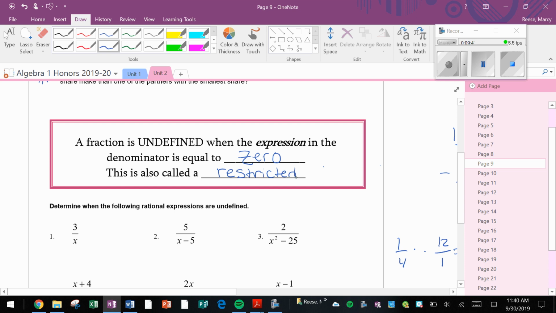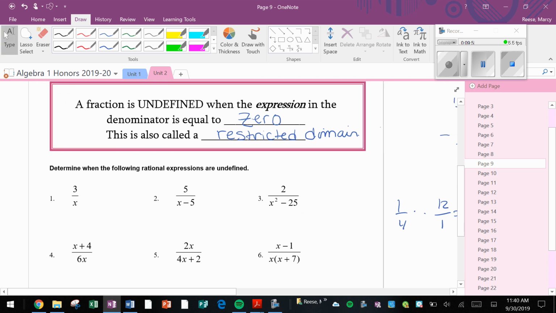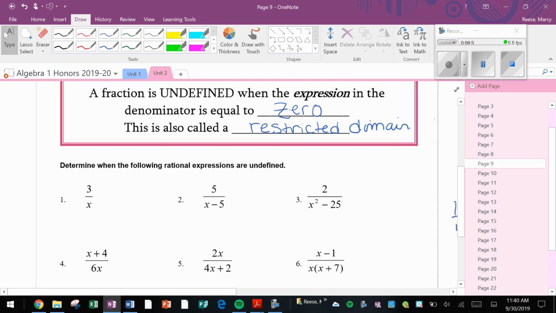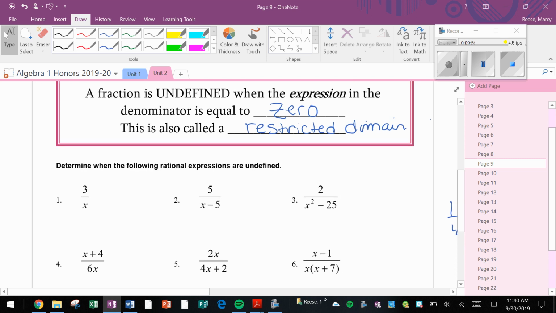And I know that you are familiar with domain. Domain are the x values. Remember, range are the y's. It'll come into play a little bit more later on in upcoming units. But just know that when we talk about undefined, we're restricting the domain, or basically what the x value can be, because you can't divide by 0.